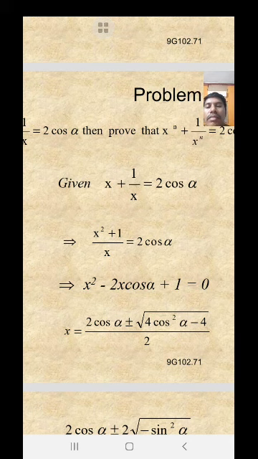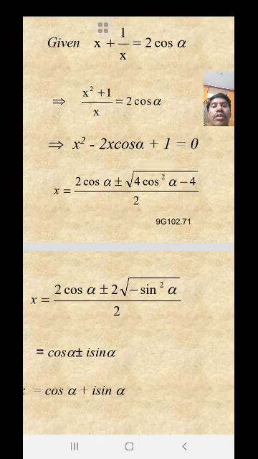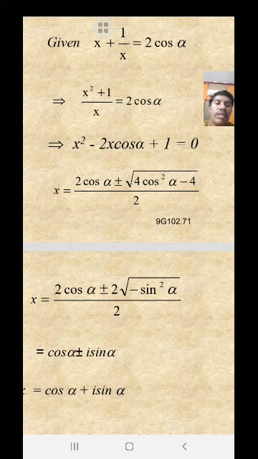Here we are finding x by using the formula minus b plus or minus under root of b square minus 4ac by 2a. So a is 1, b is minus 2 cos alpha, and c is 1.